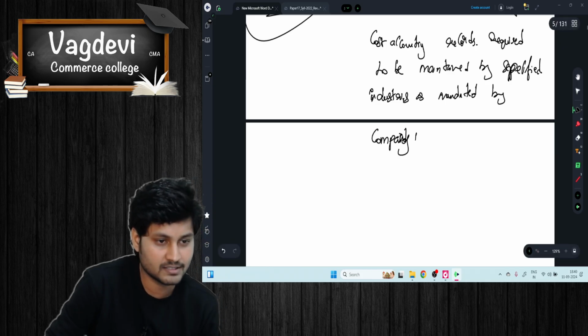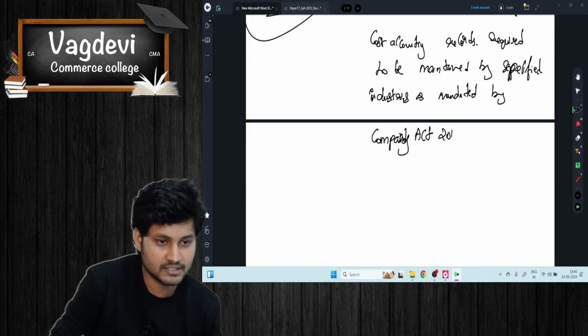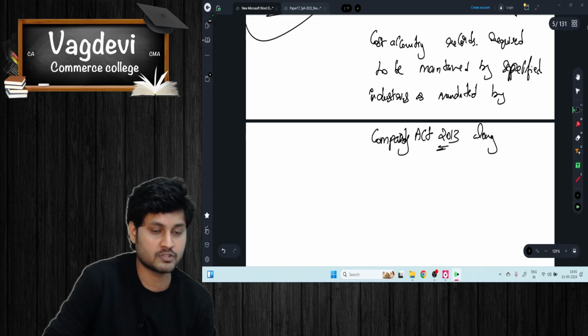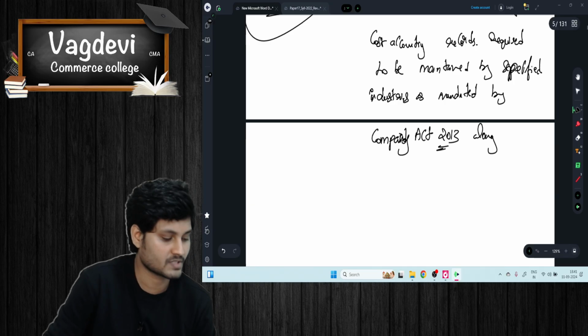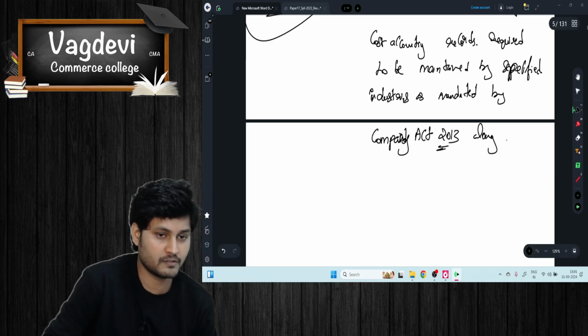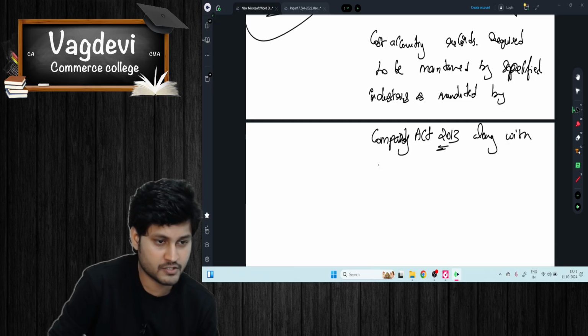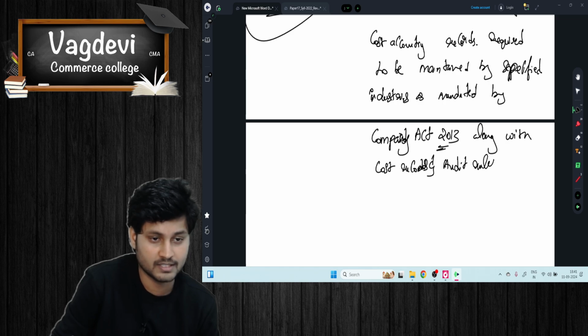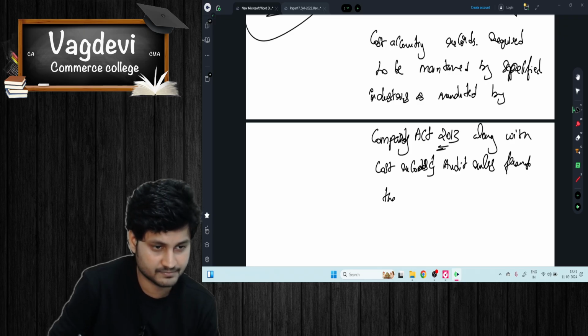The Companies Act 2013, along with the cost records and audit rules framed thereunder.